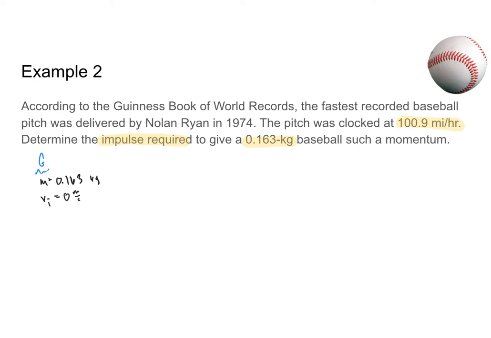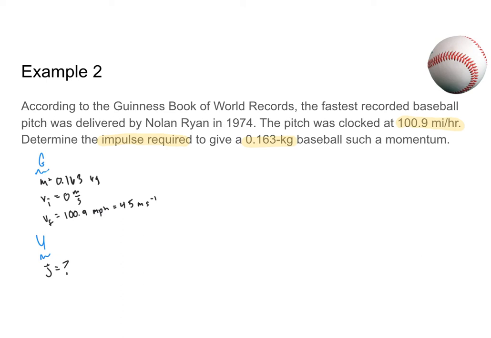Because before Nolan Ryan starts throwing, the baseball is not moving. When he finishes, however, it has a speed of 100.9 miles per hour, or approximately 45 meters per second. And we want to figure out our unknown, which is the impulse required to create this change in momentum.